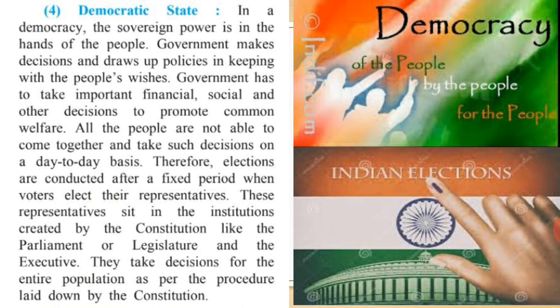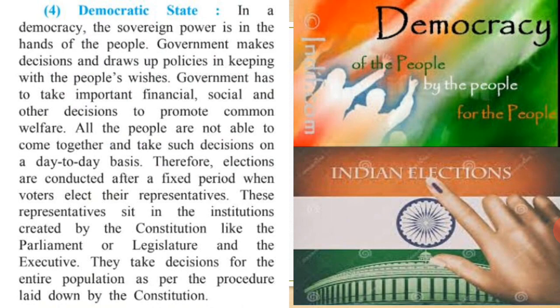In a democracy, the sovereign power is in the hands of the people. Government makes decisions and draws up policies in keeping with the people's wishes. So people are considered important here. Government has to take important financial, social, and other decisions to promote common welfare.